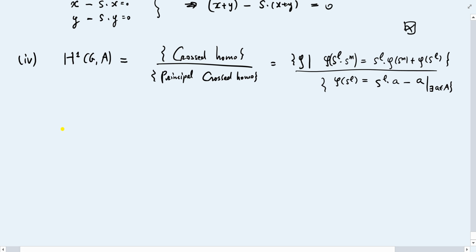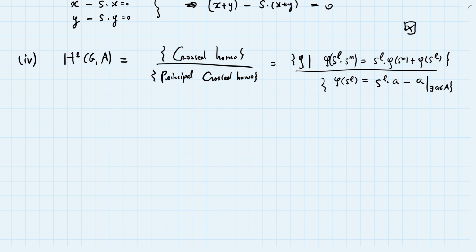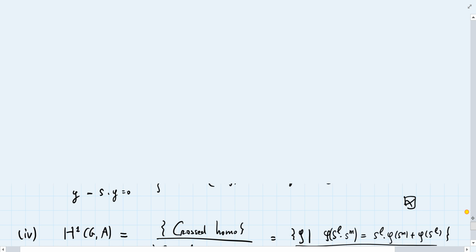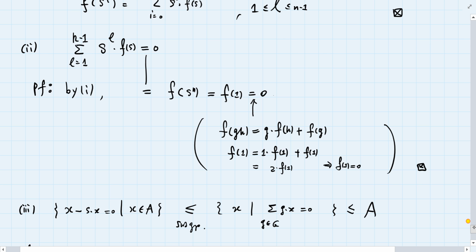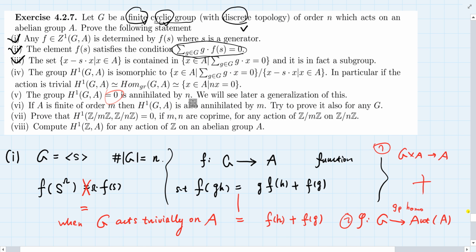So we have to prove it is isomorphic too. Is it just describing the, yeah, it's describing the element of A, you see?